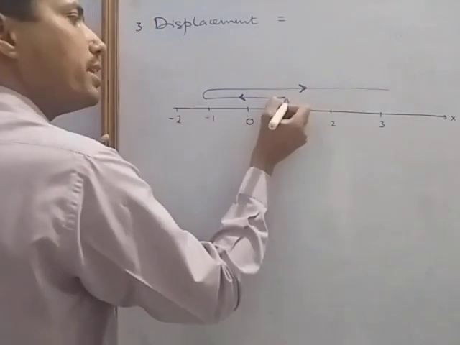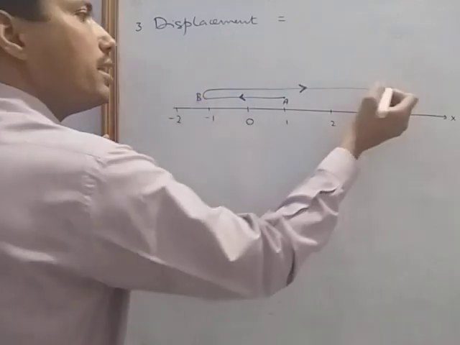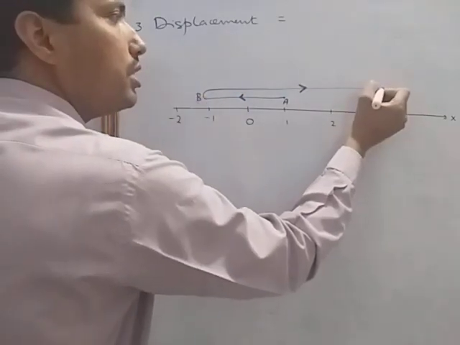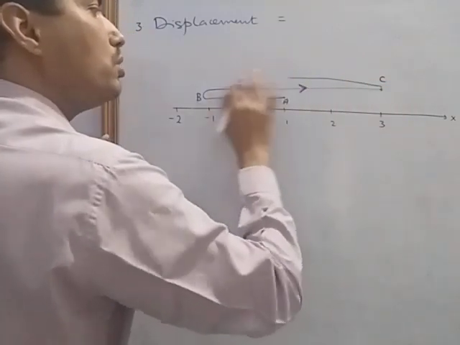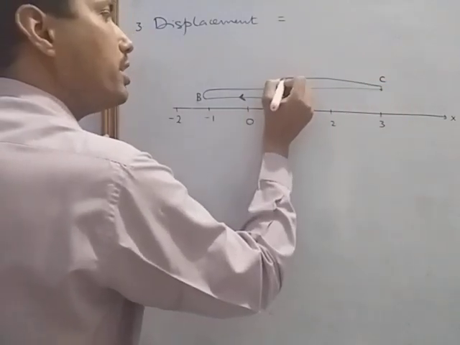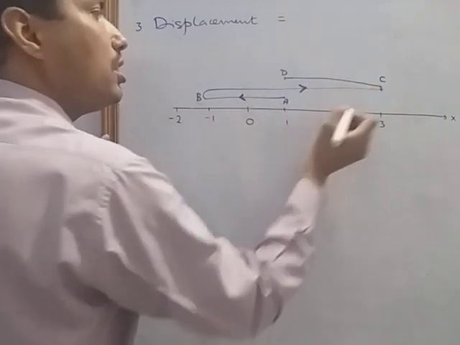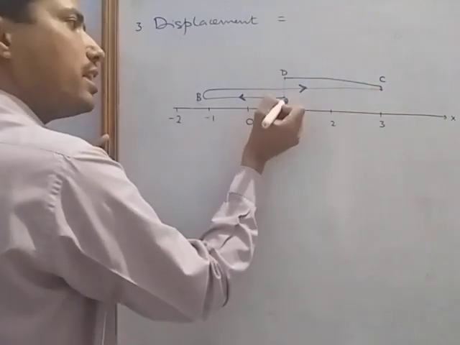It starts from point A, it moves to point B, takes a turn, reaches point C, and again takes a turn and reaches back to the point A. These points A and D are at the same position.